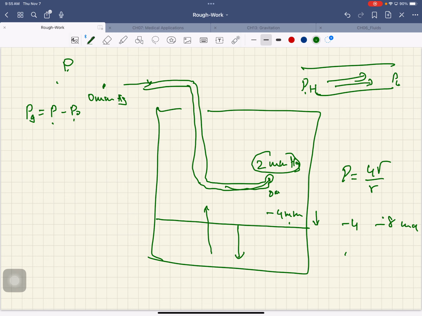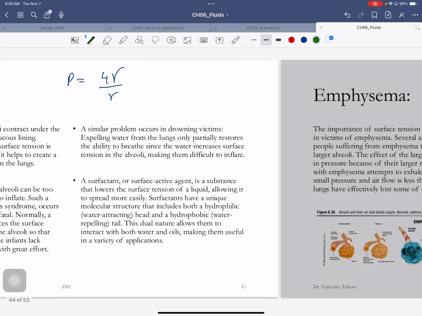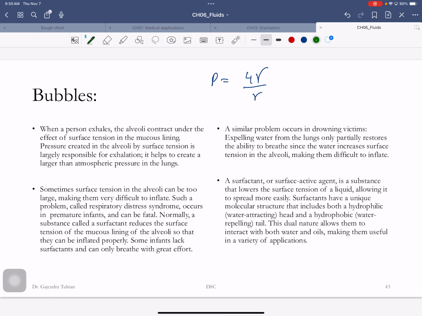All right, so let's look at the other case. Sometimes surface tension in the alveoli can be too large, making them very difficult to inflate. Such a problem, called respiratory distress syndrome, occurs in premature infants, okay, and can be fatal.